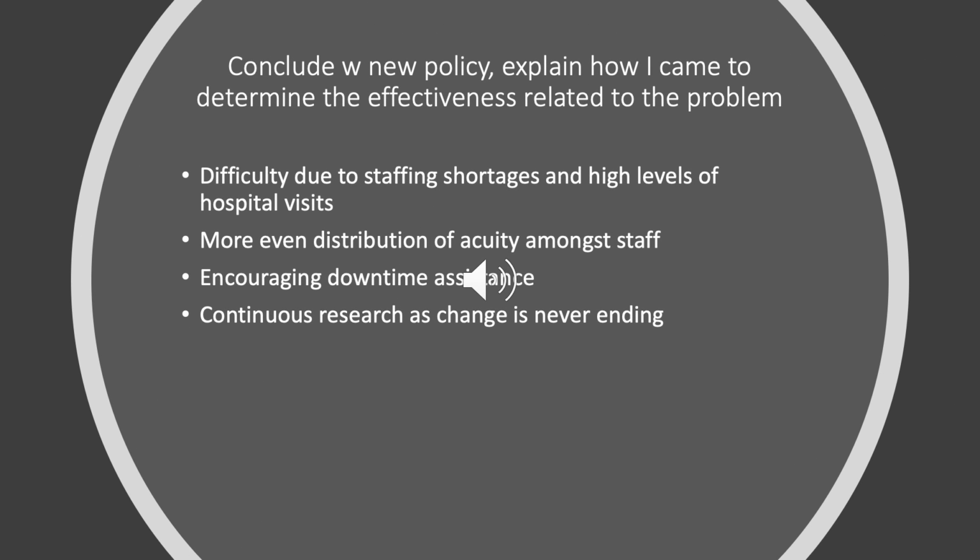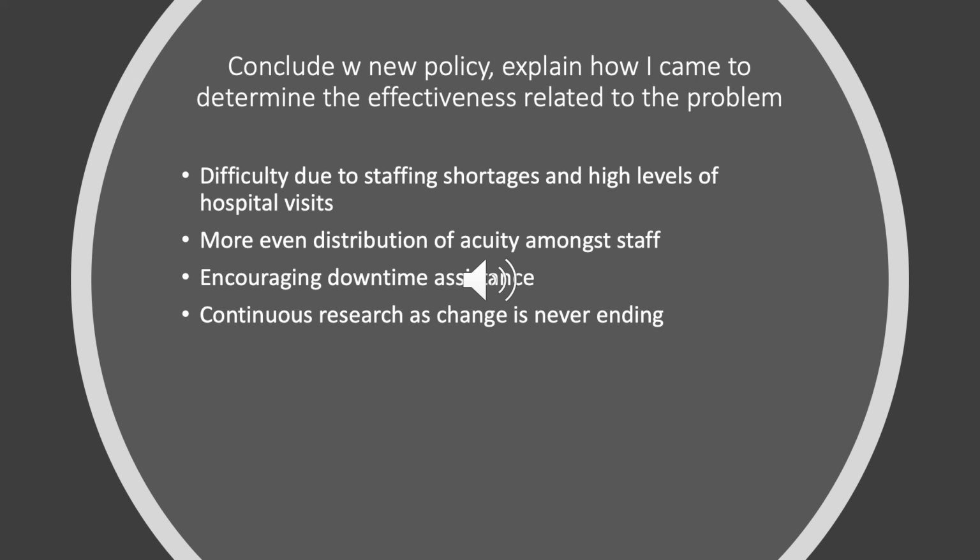In an ideal setting, we'd propose and pass a policy that put a cap on how many patients a nurse is able to care for. But with that being said, it will be very challenging to implement a policy such as this in West Virginia due to staffing issues as well as high rates of hospital visits and an unhealthy population that we have here.